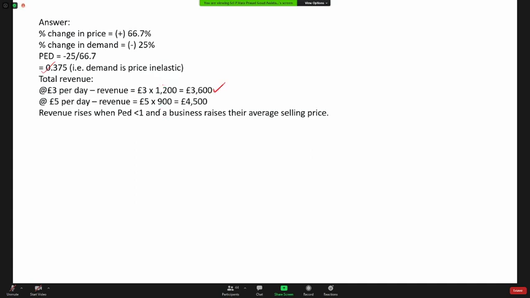But later, the price was increased, and even though the number of cars parked was reduced, still the revenue increased. Revenue rises even when the price elasticity of demand is less than 1.